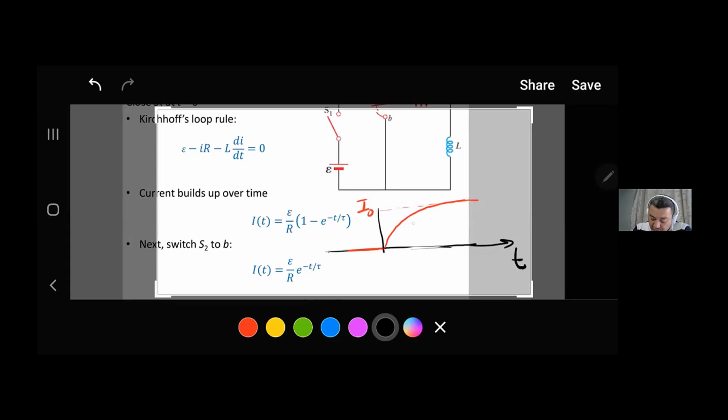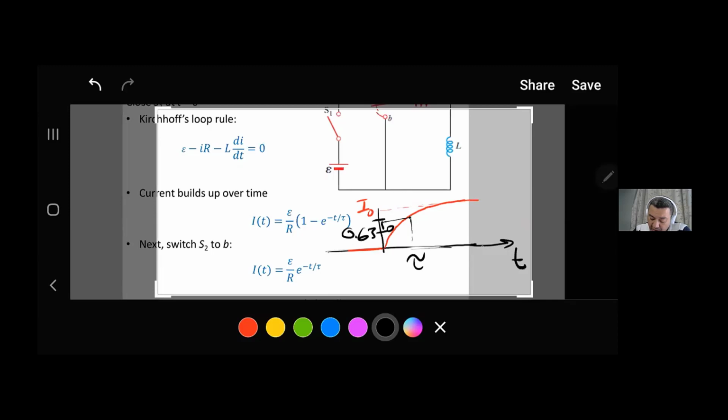We will see that after 1 tau, we would already be achieving 0.63 of I naught.